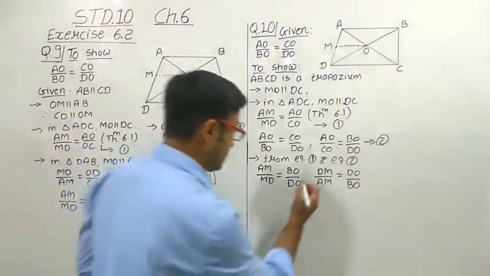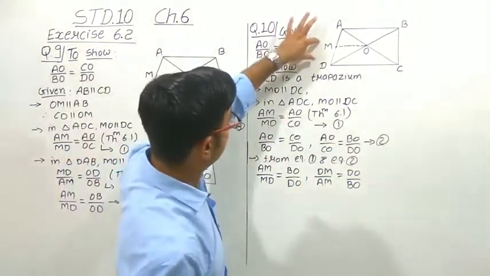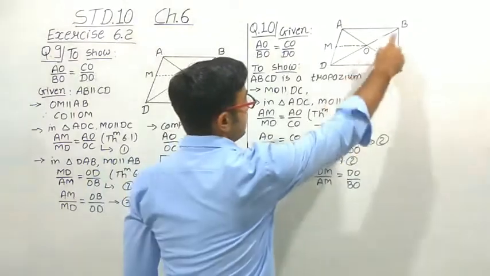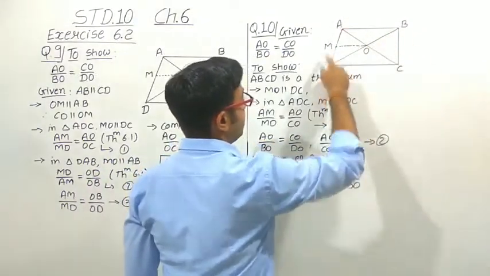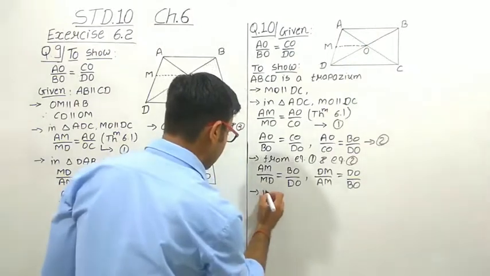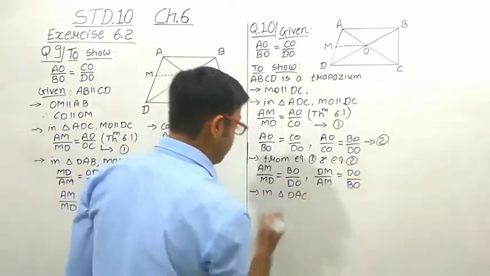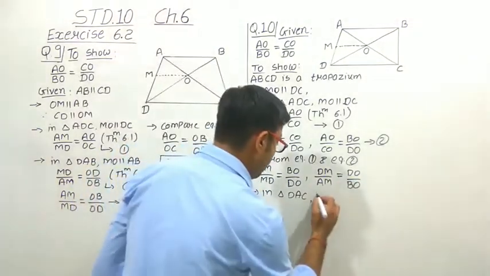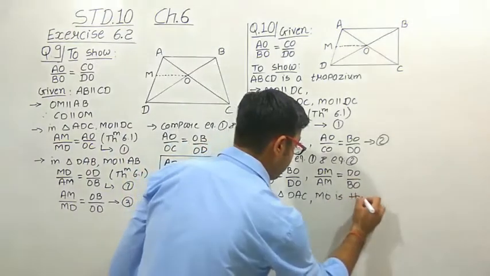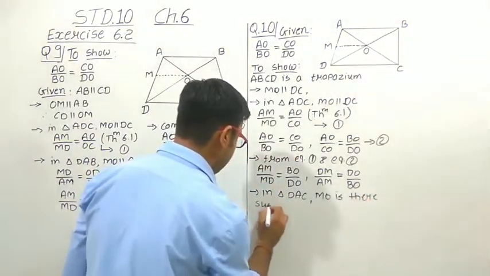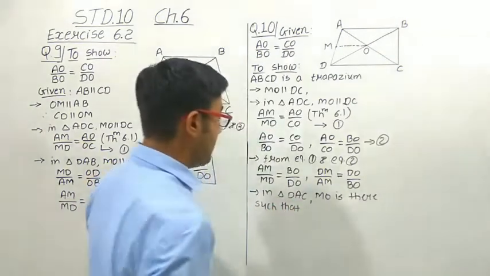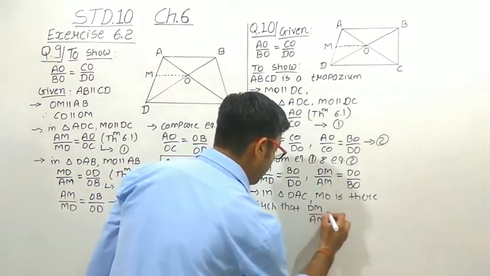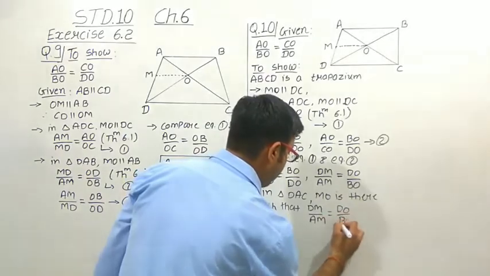Now see, DM upon AM is equal to DO upon OB. So now we can consider triangle DAC. In triangle DAC, one line MO is there such that we get this result, that DM upon AM is equal to DO upon BO.